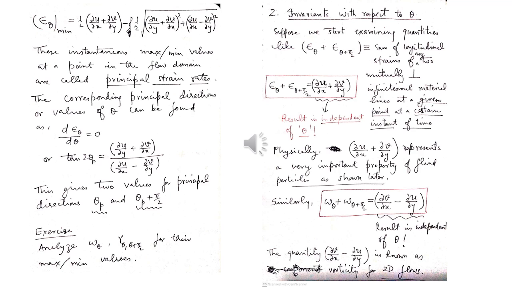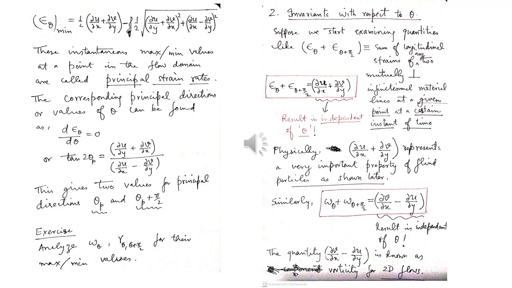So there are certain quantities, certain combinations of these local deformation rates and rotation rates which seem to be behaving independent of theta. That means even if I change theta, these quantities do not change. So what are these? Let us examine.